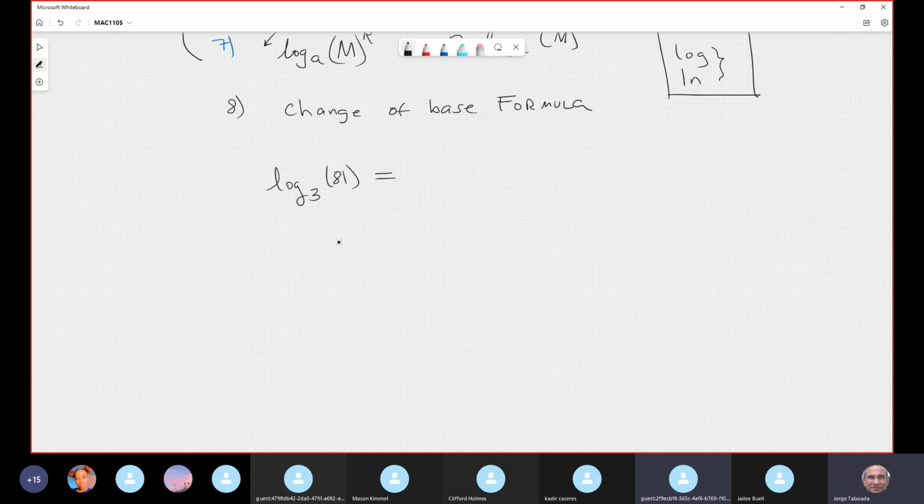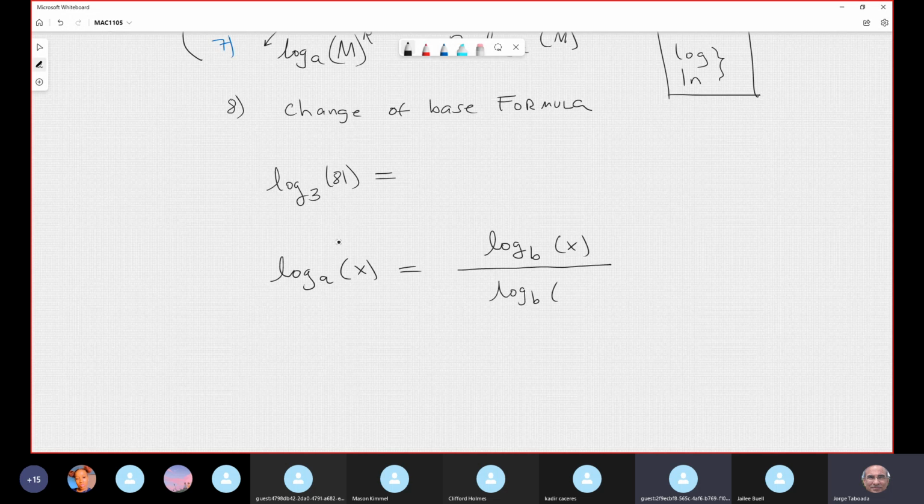The formula says the logarithm of base b of one number, I call it x, is equal to the logarithm of another base, for example the one we have in the calculator, of the same number, divided by the logarithm of the same base of the number b.